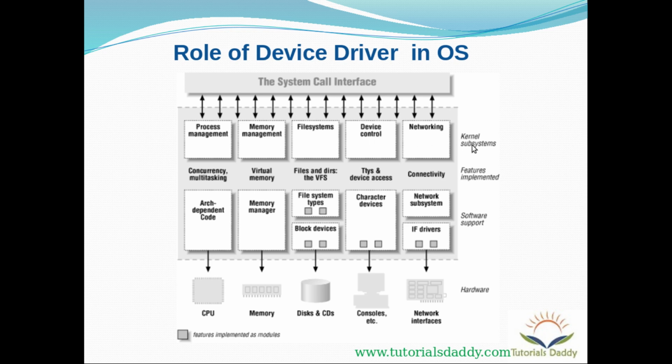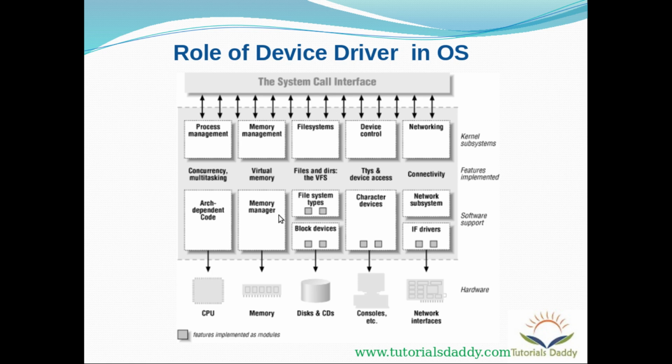These are all kernel subsystems. And then we have architecture dependent code, which is the piece of code written for specific hardware or specific architecture, let's say ARM architecture, Exynos architecture, or XYZ architecture.